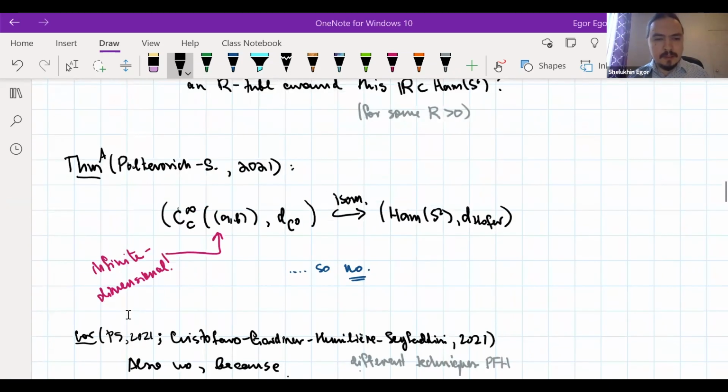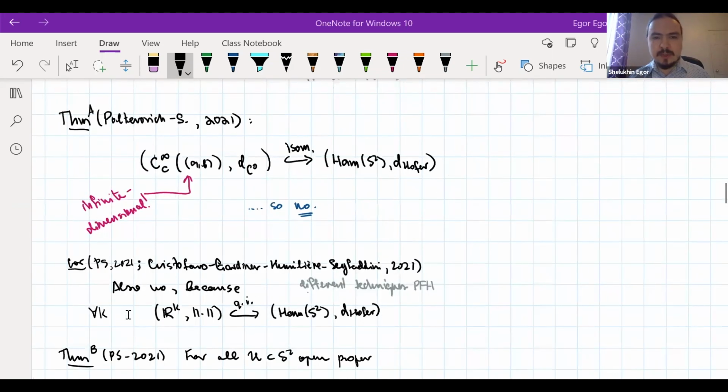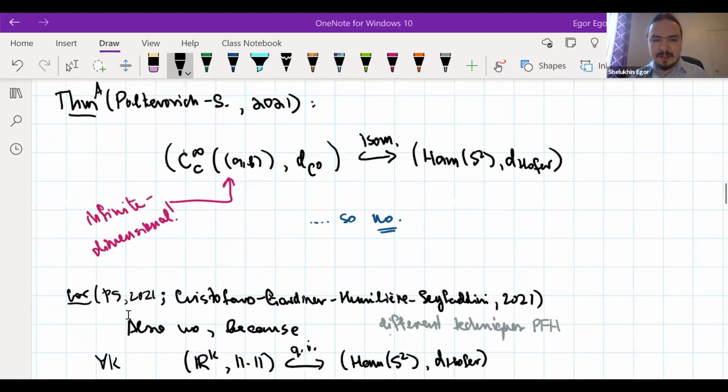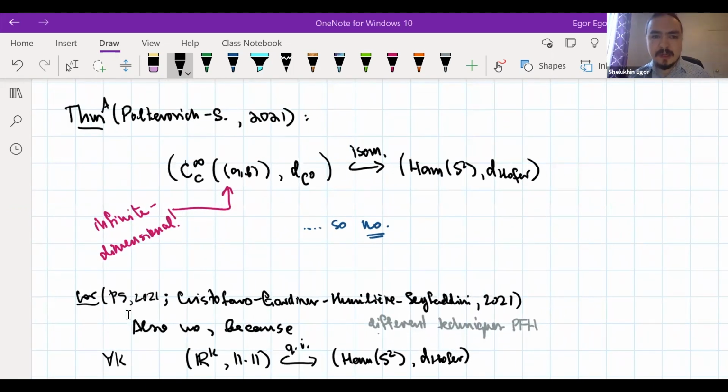And quite recently, by two different works, the answer turned out to be no. With Polterovich, we prove that, in fact, the C-infinity functions with compact support in an open interval with sup norm embeds isometrically into the Hamiltonian group with the Hofer metric. So clearly no.